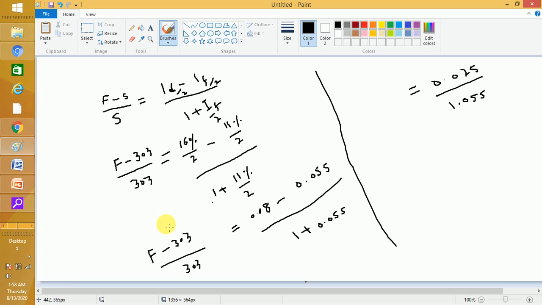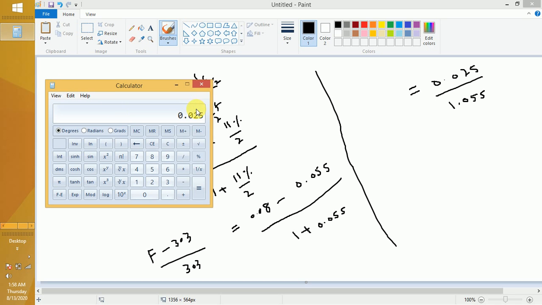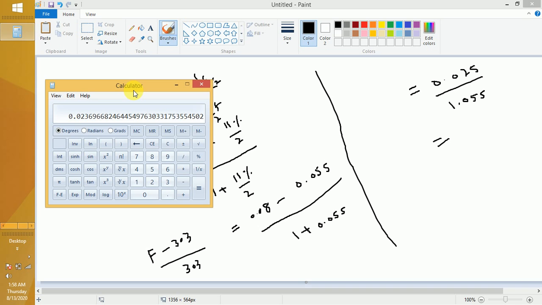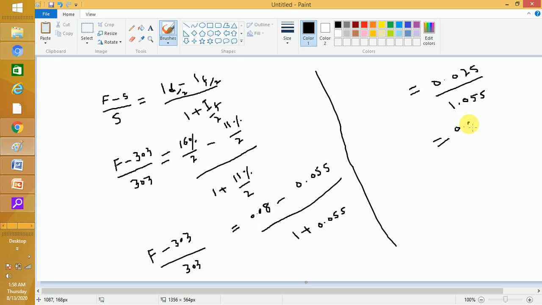Now 0.025 divided by 1.055 is equal to 0.02369, and this side will remain as it is, F minus 303 divided by 303.